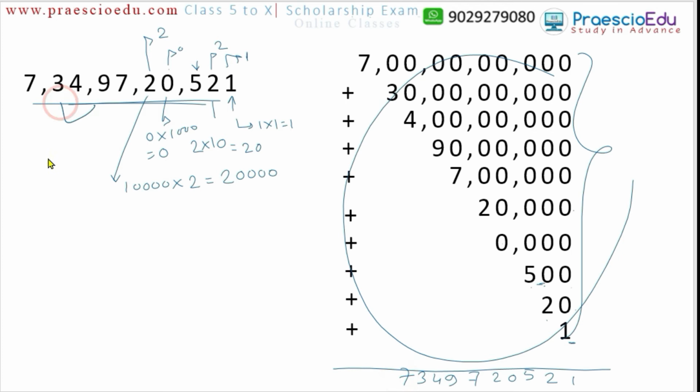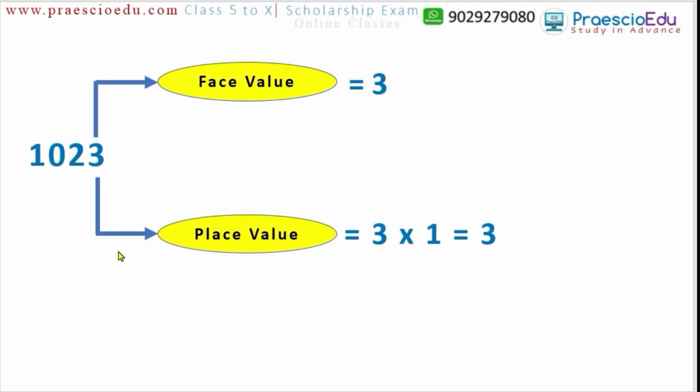This number is expanded with the place values, so that is called the expansion form of that particular number. I hope you understand. Now we are going deeper with some examples.